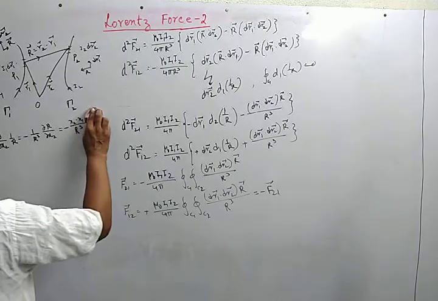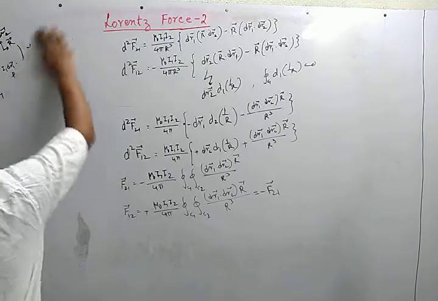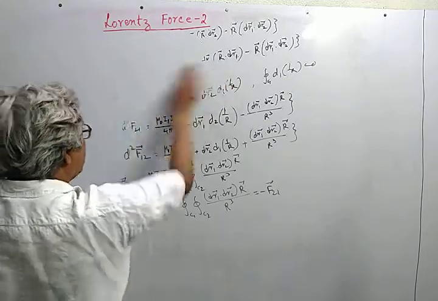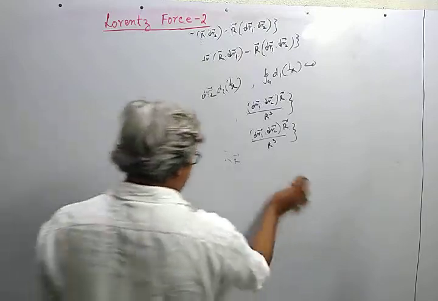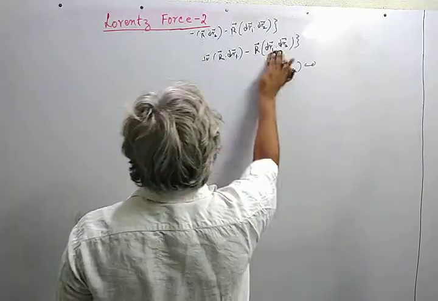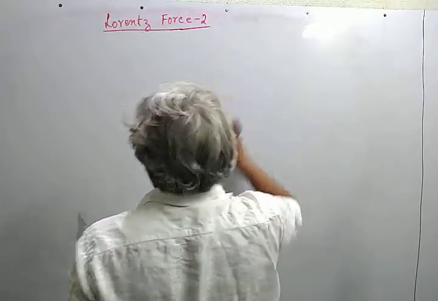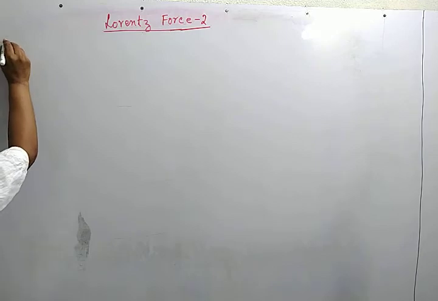We consider two straight conductors which carry currents parallel to the z-axis, along the positive z-axis, and our aim is to find out the force that acts on the conductor.